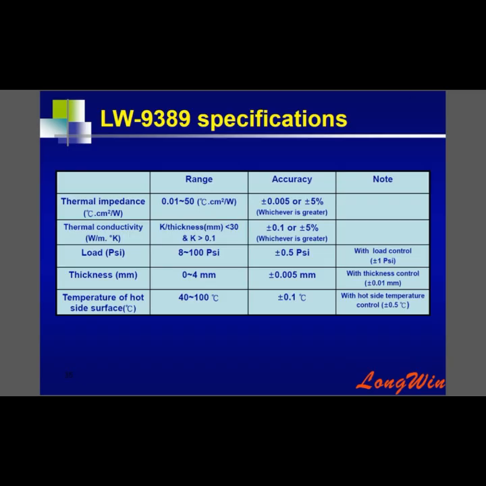And the second row is about the measurement range of thermal conductivity, which is related to thickness. So here the criteria to see the range of thermal conductivity is that the thermal conductivity divided by thickness, which unit is millimeter, should be smaller than 30.